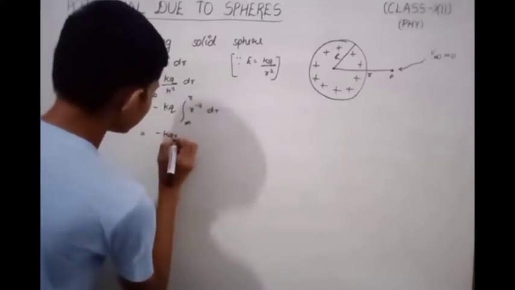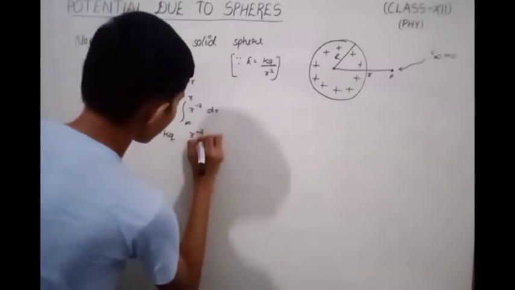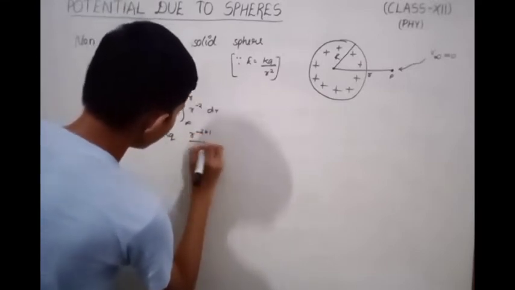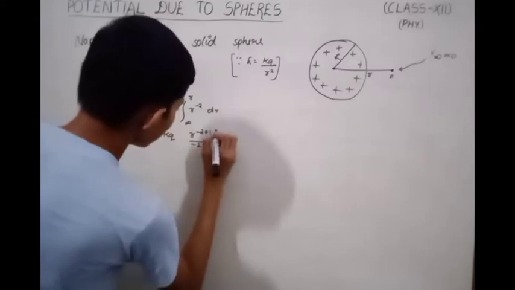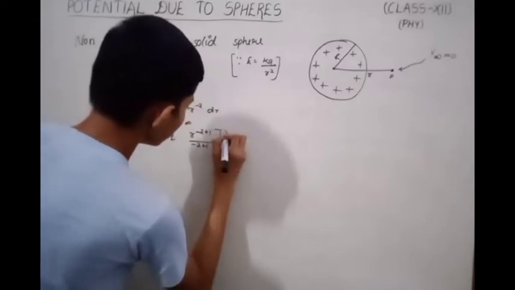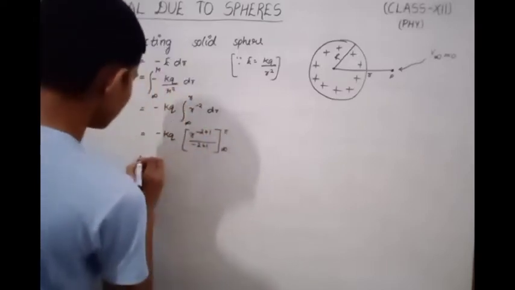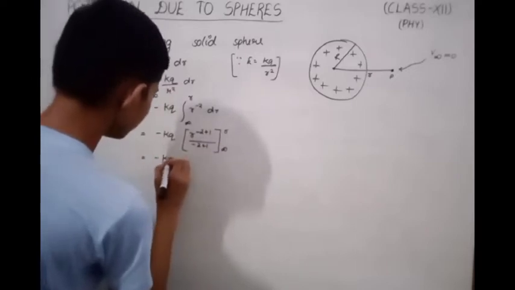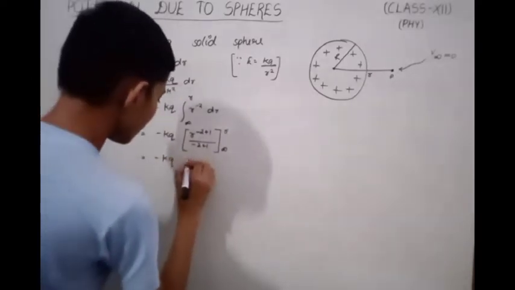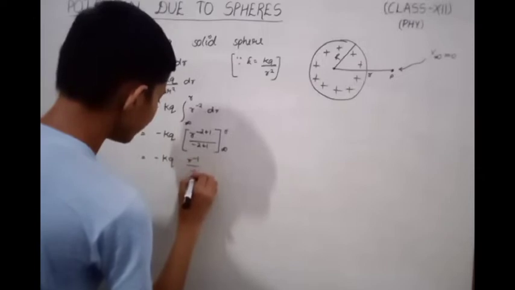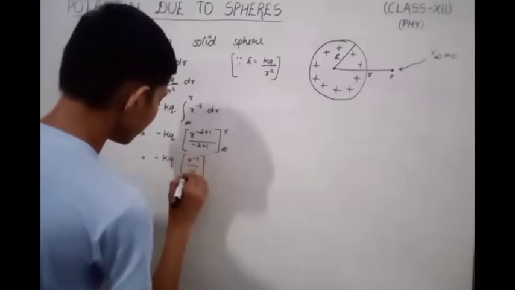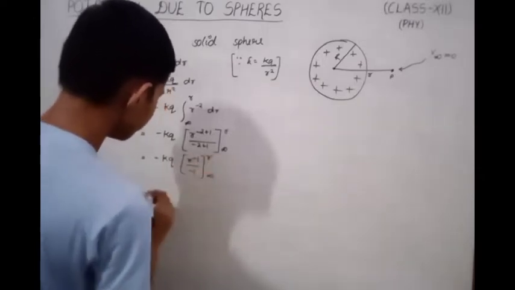Minus kq, r raised to the power minus 2 plus 1 divided by minus 2 plus 1, from infinity to r. This equals minus kq, r raised to the power minus 1 divided by minus 1, from infinity to r.